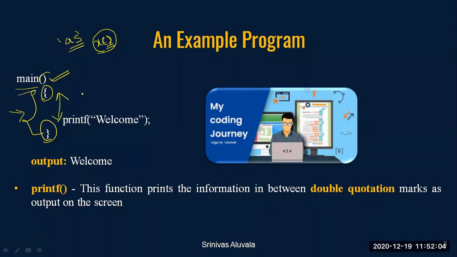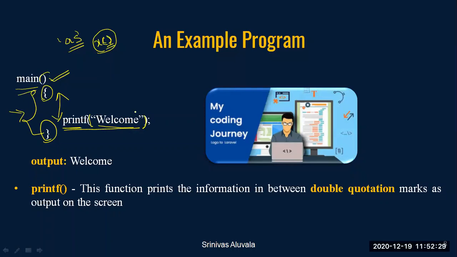So for example, in this example program, I used a printf statement where I am going to get an output to welcome. Using a printf statement, as I used display or show in an algorithm, I'm using a function in C programming. That function name is printf. Again, you might be asking why I'm calling it a function, because it has parentheses opening and closing.